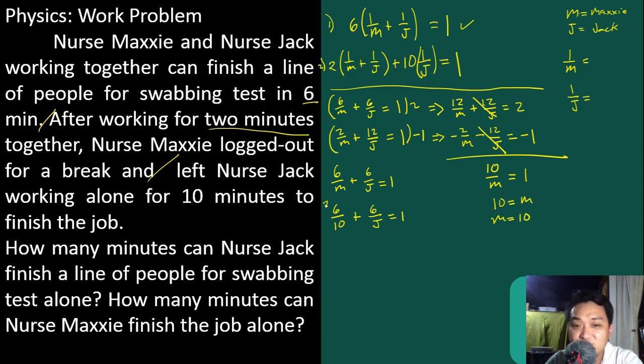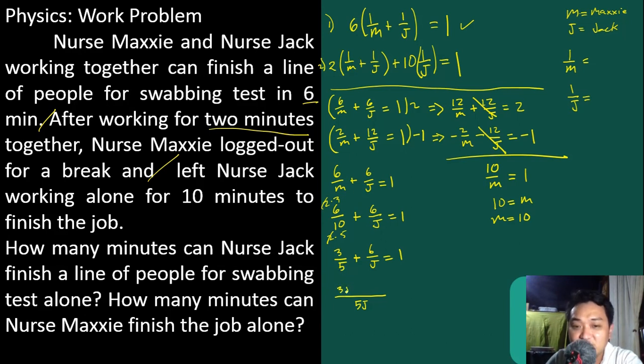The factor of 6 is 2 times 3, and the factor of 10 is 2 times 5. Cancel those 2. What we have here is 3 over 5 plus 6 over J is equivalent to 1. Now let us evaluate. The common denominator will be 5J.